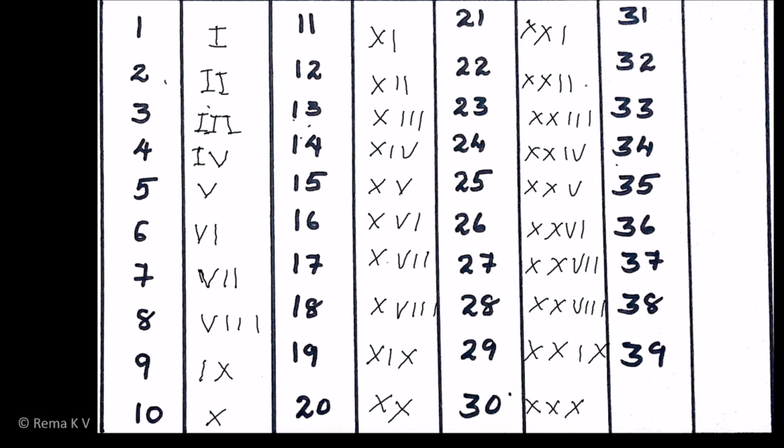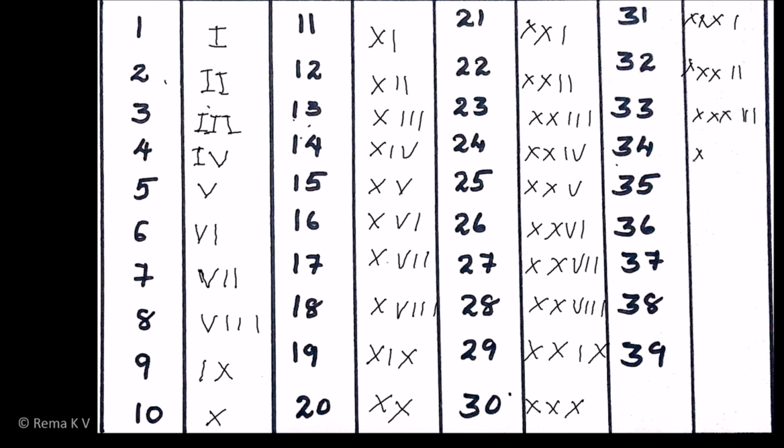Now let us write 31. 30 and 1. 32 is 30 and 2. 33 is 30 and 3.